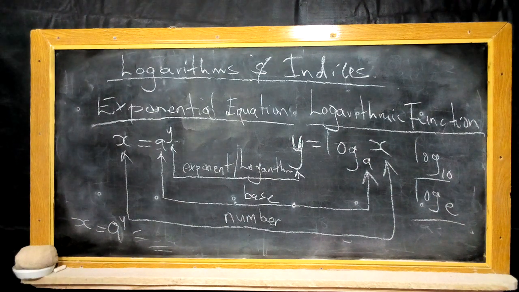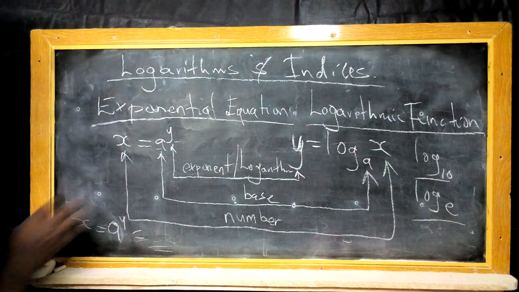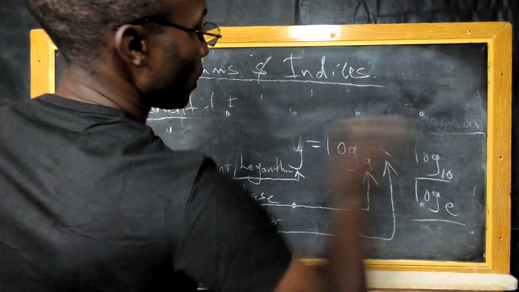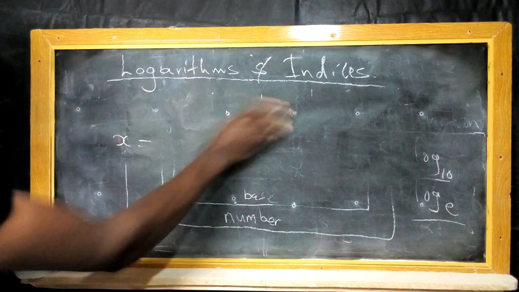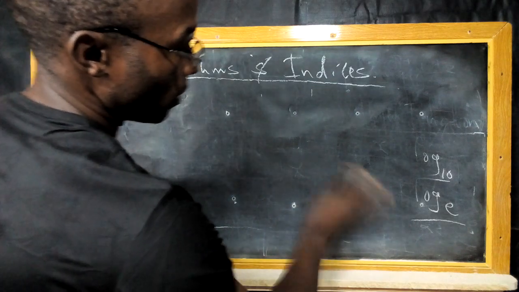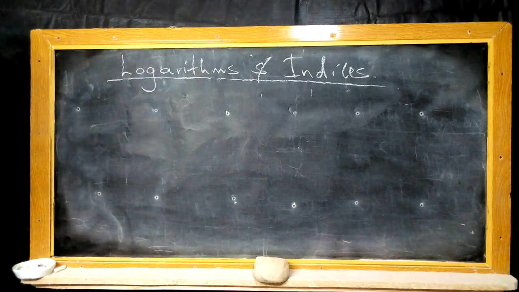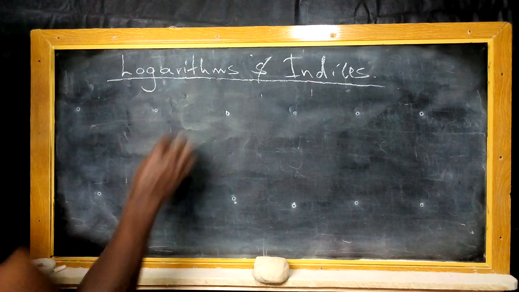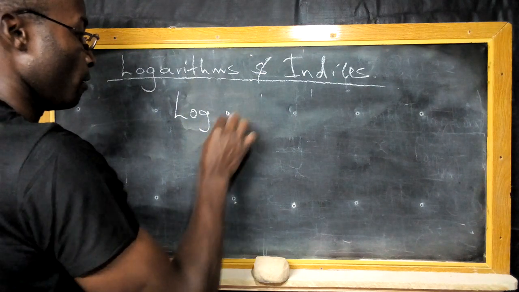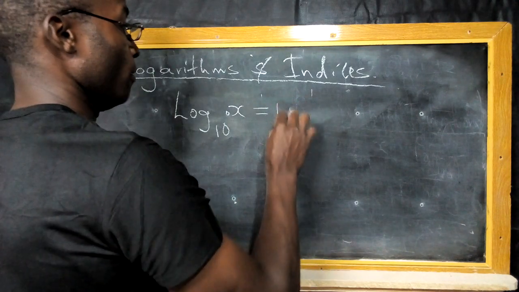So in that case, we can look at this. Now that we have looked at the relationship between the exponential equation and the logarithmic function, and we have said that one is an inverse of the other, suppose we have log to base 10 of x, which is given as the value of p.